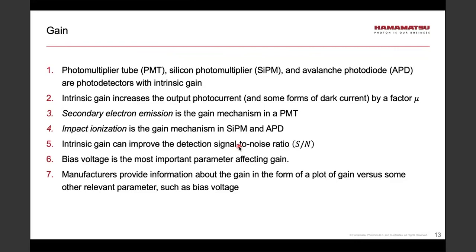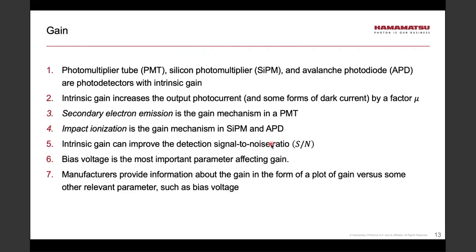It is the intrinsic gain of the photodetector that has this property of improving signal to noise ratio, not just the gain of an amplifier connected to a photodetector with a gain of 1. This is a very important distinction. More about signal to noise ratio later in today's presentation.